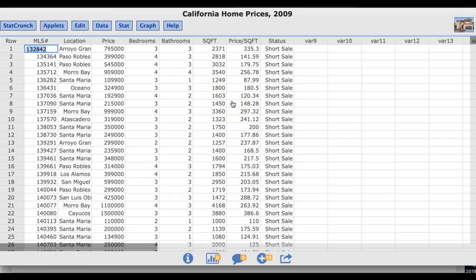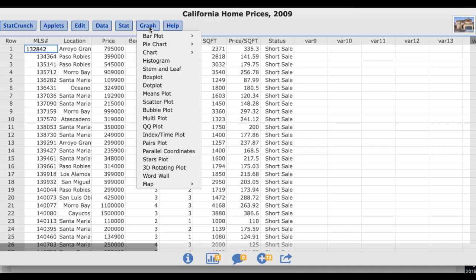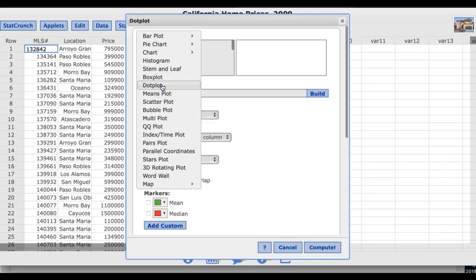Alright, so here we have the data for home prices in 2009, and we've seen it before. So I'm just going to show you how we can easily graph the distribution while adding the mean and the median to the graph. So I can graph here, and I did a dot plot.